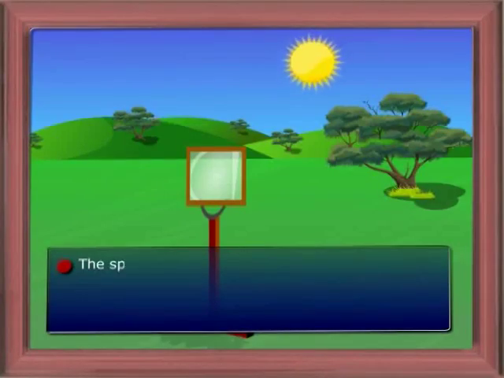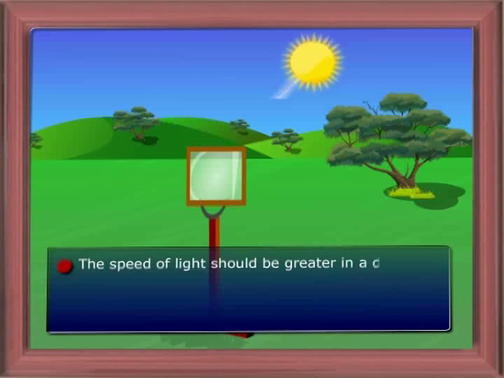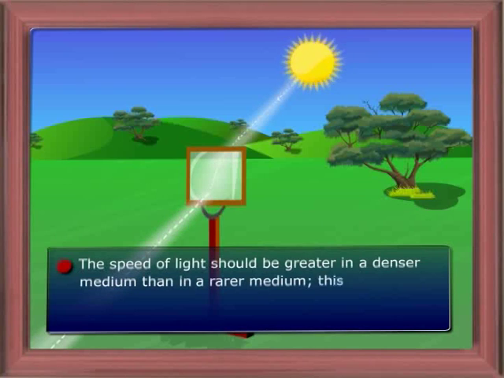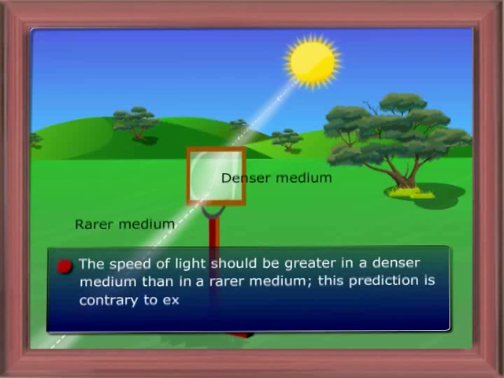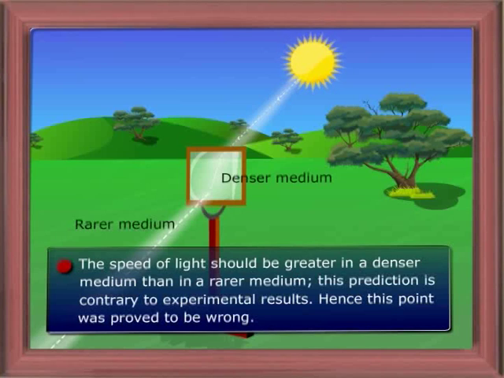Hence, we can say that according to Newton, the corpuscles also follow the refraction. However, Newton's theory failed due to the following reasons. The speed of light should be greater in a denser medium than in a rarer medium. This prediction is contrary to experimental results. Hence, this point was proved to be wrong.